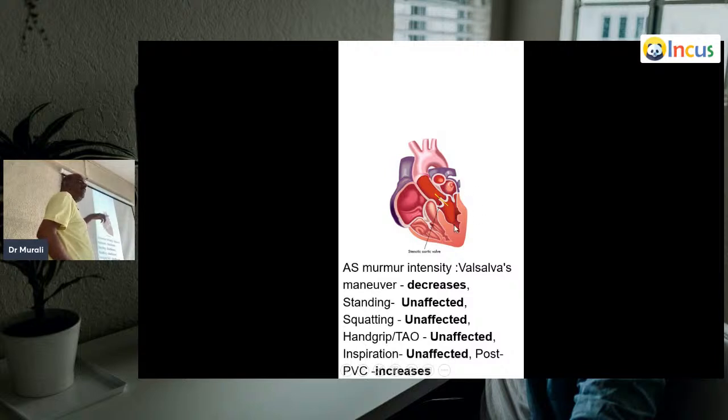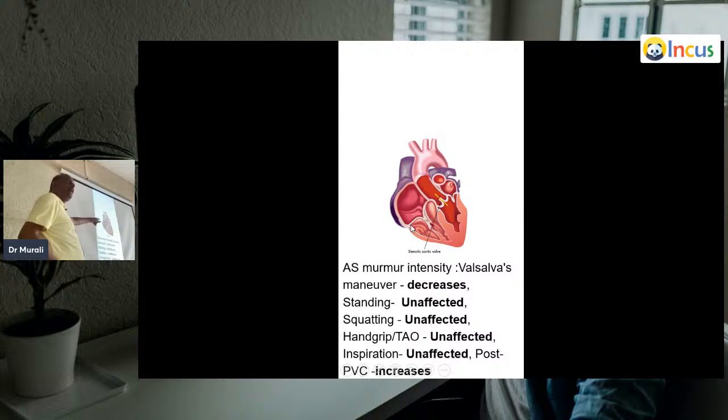Will the murmur be more if more blood needs to be pumped against the stenotic valve or less blood needs to be pumped? If more blood is there and it has to negotiate a stenotic valve, the murmur will be more. But here, because of Valsalva, preload decreased, less blood is passing, so the murmur will decrease. So that is the difference.